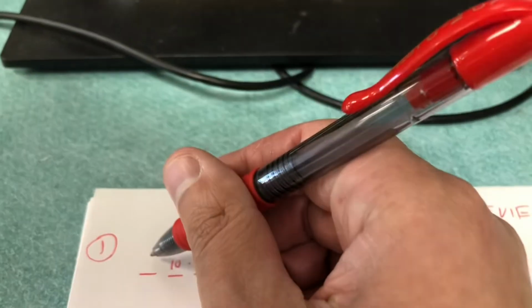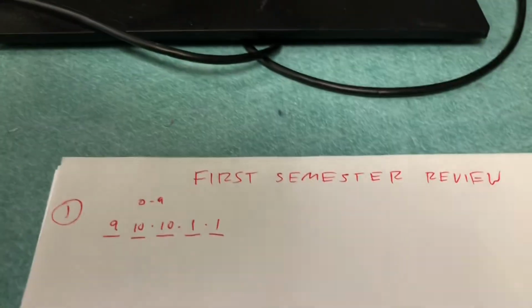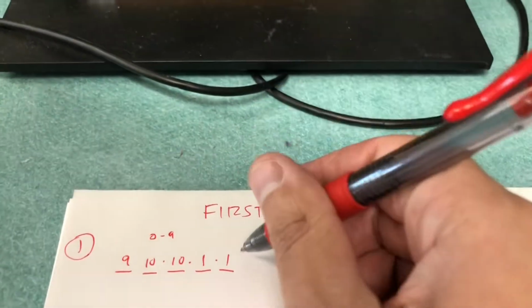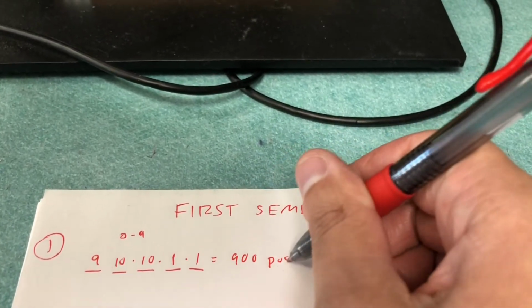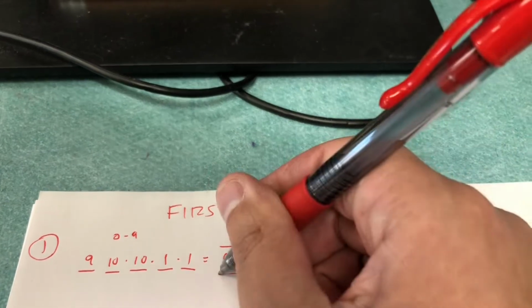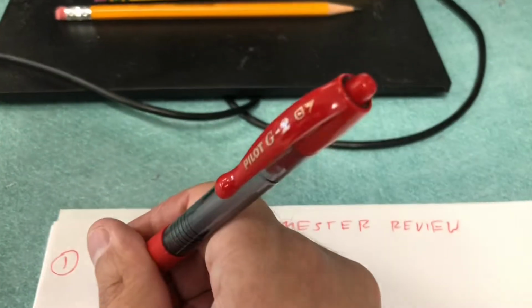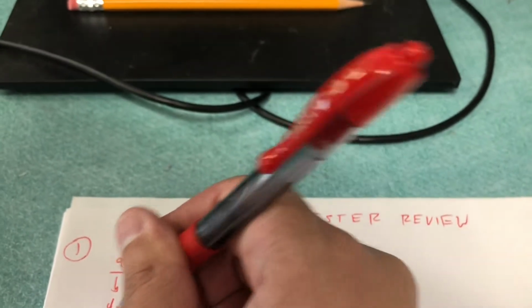So I believe we want the digits 1 through 9 in that position. And that's going to be 9 times 10 times 10, which is going to be 900 possibilities. And that's our final answer. So I don't want to include 0 on that first one.